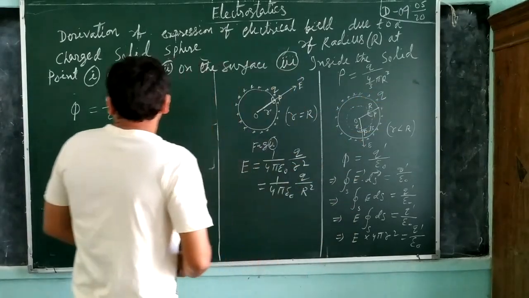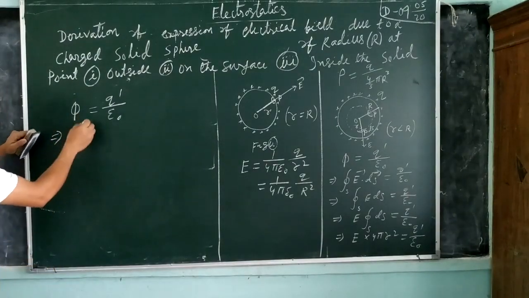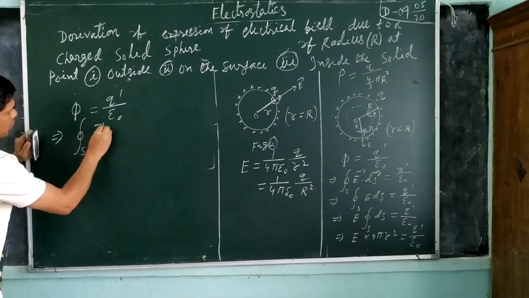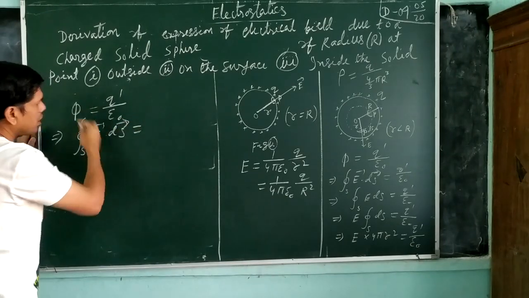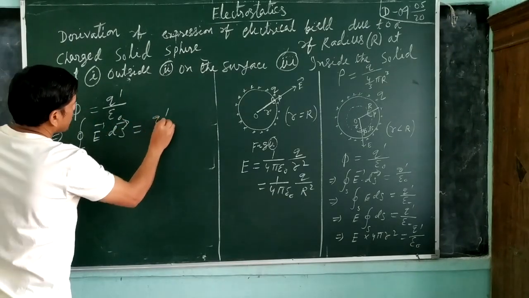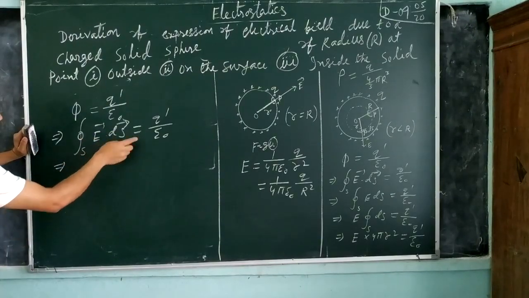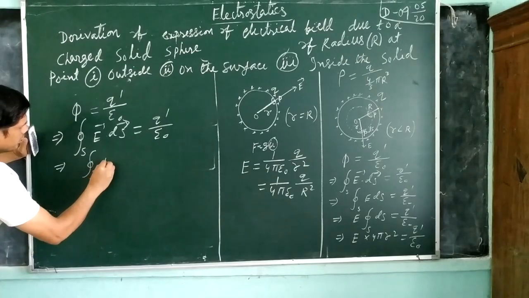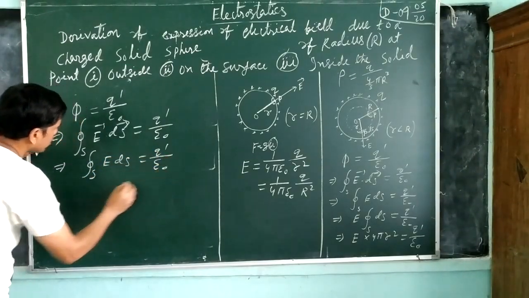Using Gauss theorem, in place of phi we can write closed surface integration E dot ds, and proceed like the last cases, equals q dash by epsilon naught. Now both are in the same direction, parallel to each other. So E times closed surface integration ds equals q dash by epsilon naught.